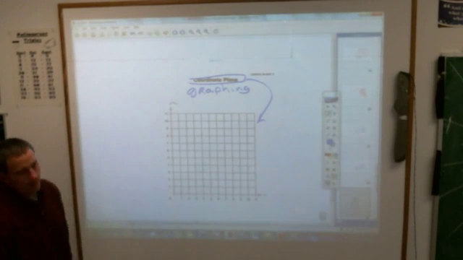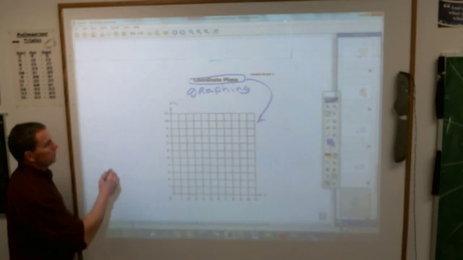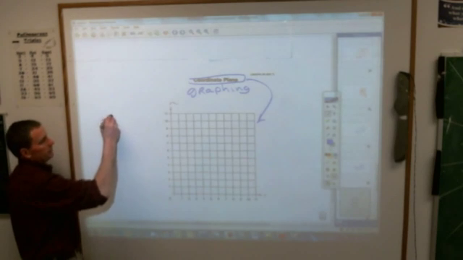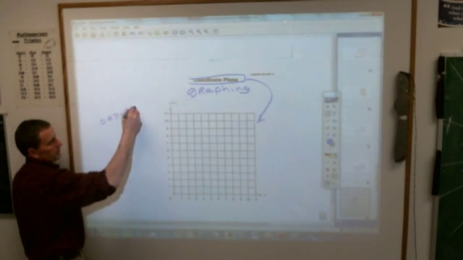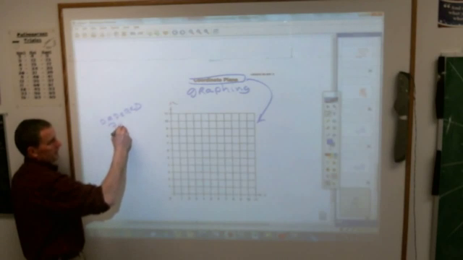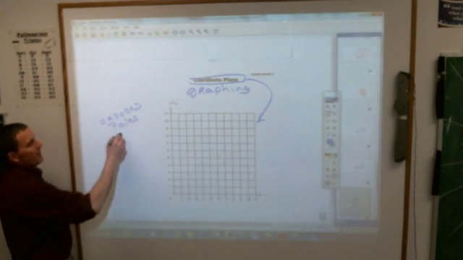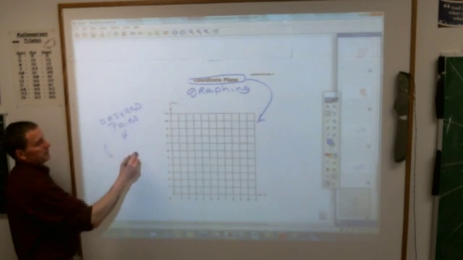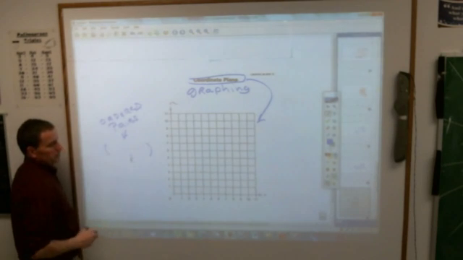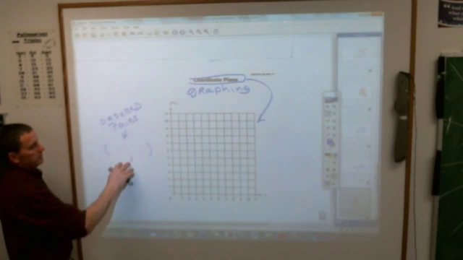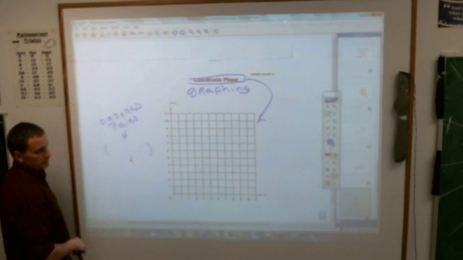And in order to do coordinate graphing, you use what we call ordered pairs. Those ordered pairs have to have a parenthesis, and it's two numbers set apart by a comma.